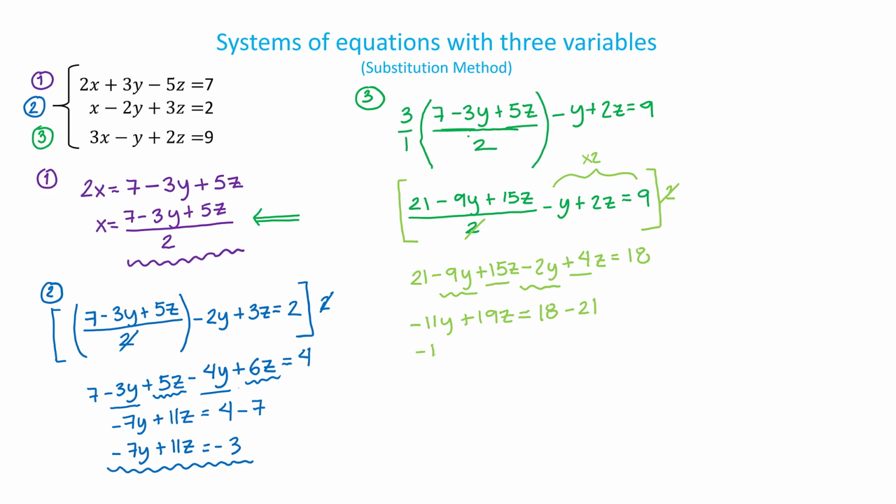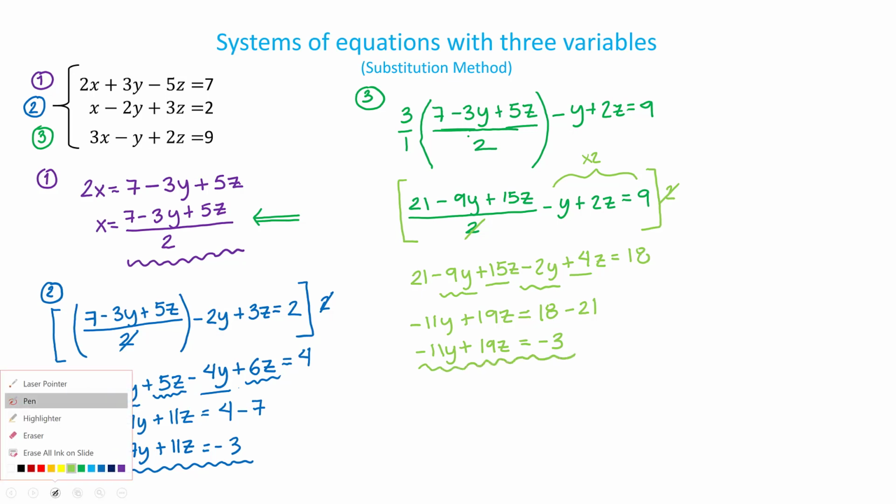So minus 11y plus 19c equals 18 minus 21, equals minus 3. I am now in the simplest form of this equation. I can't simplify anymore because I don't have common terms. So now I have this new equation.